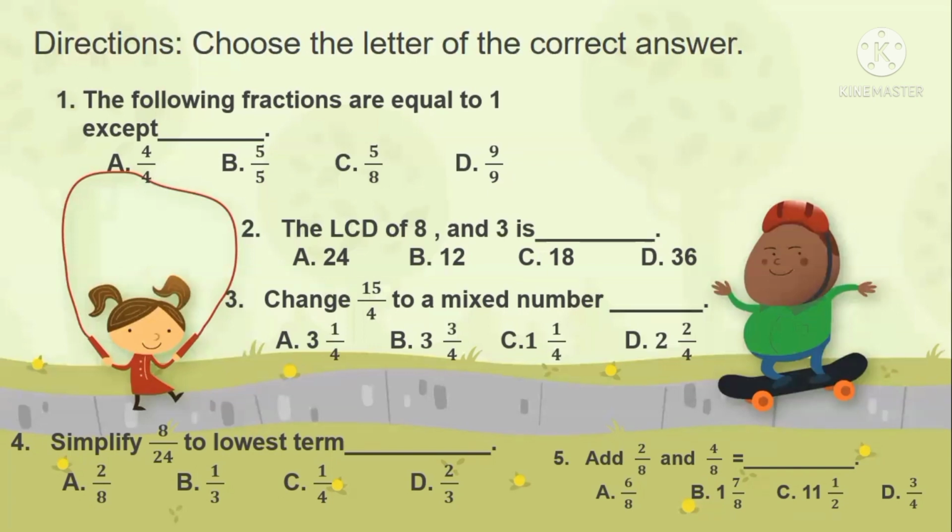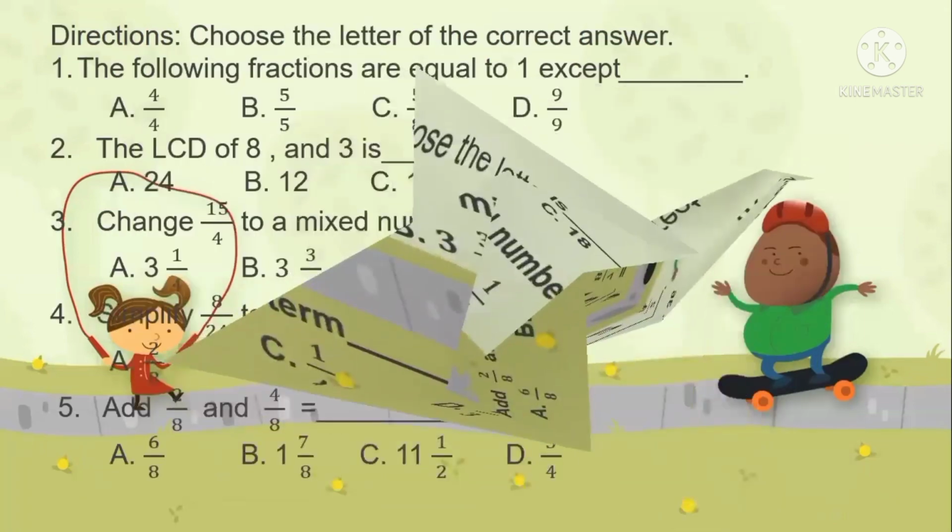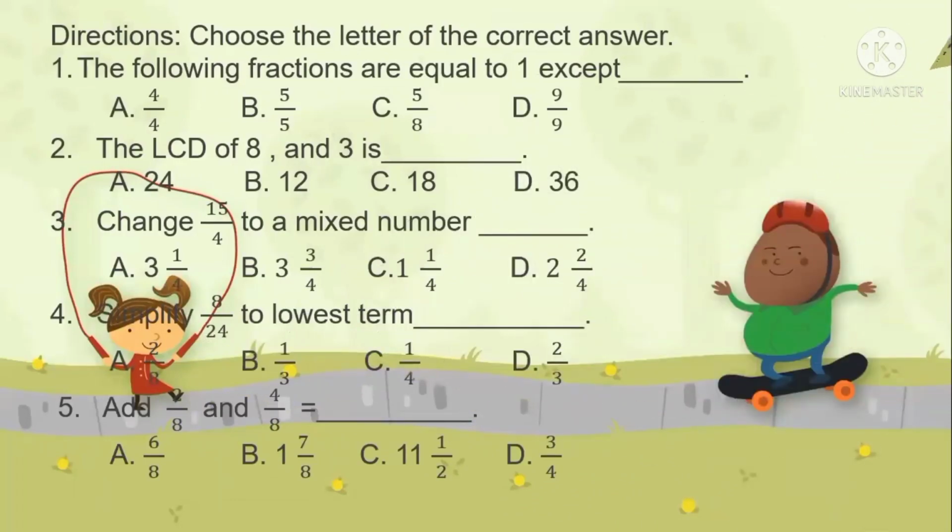For number 1, the answer is yes, letter C. Number 2, the LCD of 8 and 3 is 24, letter A. And in number 3, 15/4 to mixed number, it is 3 and 3/4, letter B.